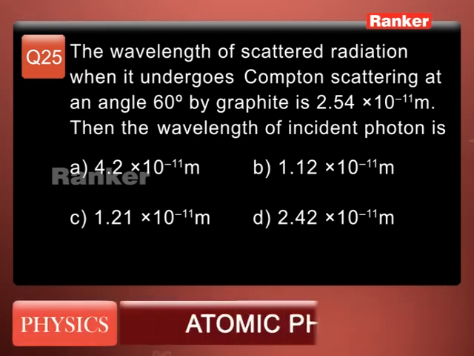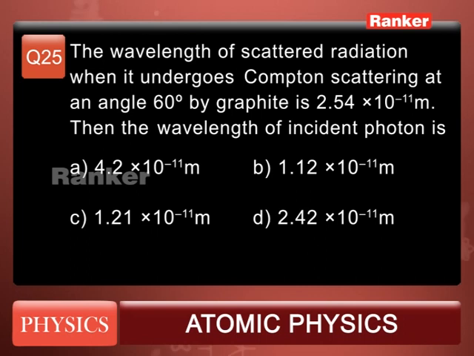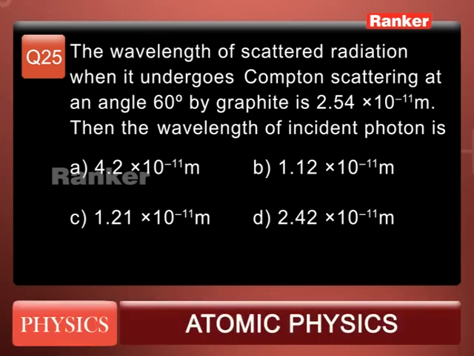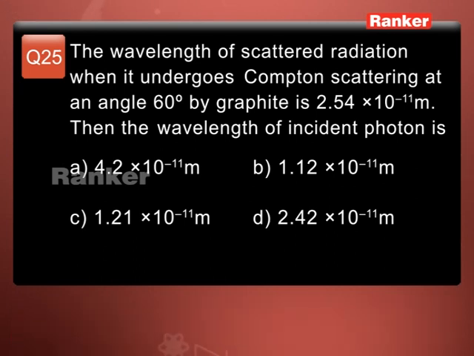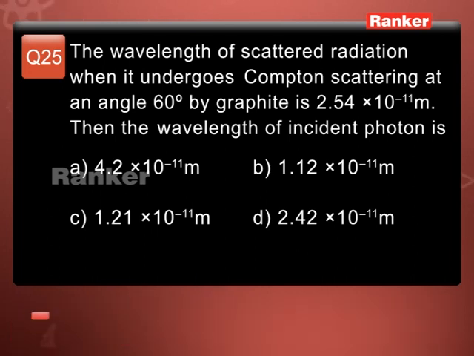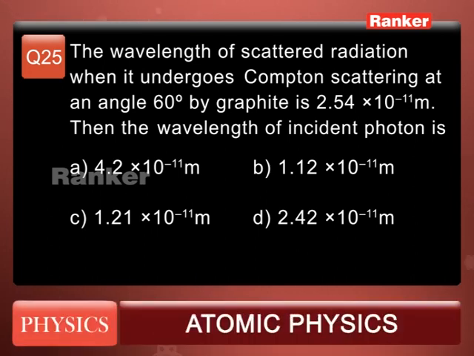The options: first, 4.2 into 10 power minus 11 meter; second, 1.12 into 10 power minus 11 meter; third, 1.21 into 10 power minus 11 meter; and fourth, 2.42 into 10 power minus 11 meter.